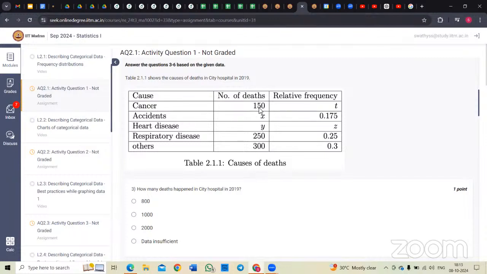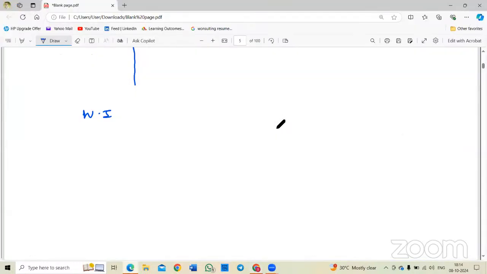The values missing are the number of deaths for accident, the number of deaths for heart disease, and the relative frequency of cancer and heart disease. First of all, you want to know the total number of deaths, right? So you know the formula of relative frequency? Yes, it's frequency divided by total frequency.